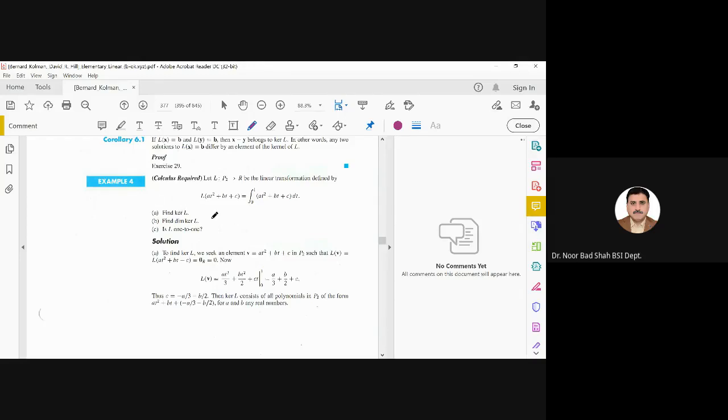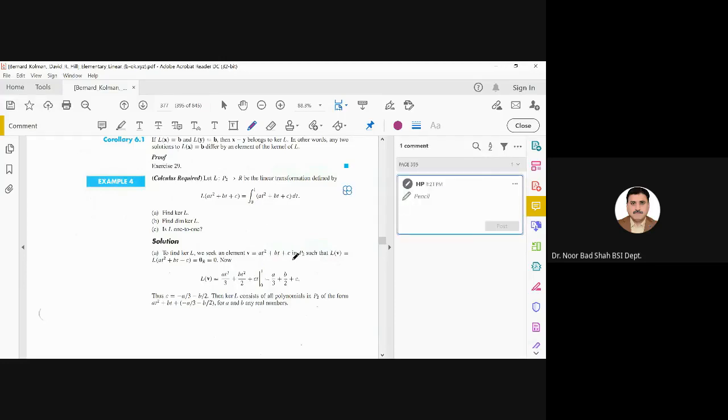So we first find the kernel of it. For the kernel, you take one vector at squared plus bt plus c, then L of V becomes the integral of this one, equated to 0. So L of V is equal to this, and that implies it equals 0.